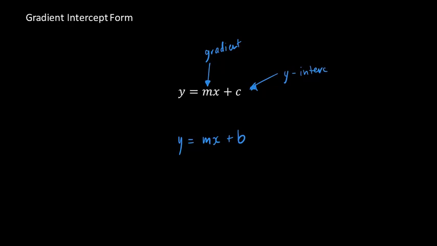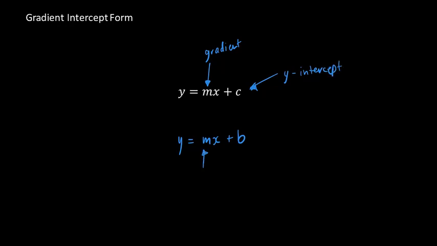Now we're going to look at our second method, the gradient intercept form. Our gradient intercept form you may have seen as y equals mx plus c, or y equals mx plus b. We've looked at the gradient, that's our m. And then our c is going to be our y intercept.